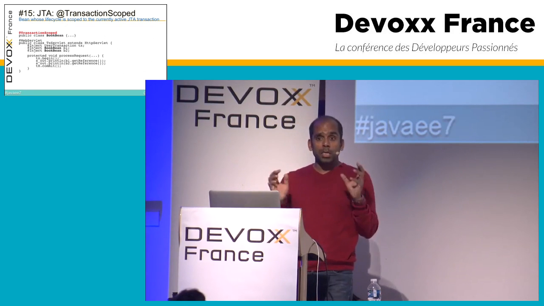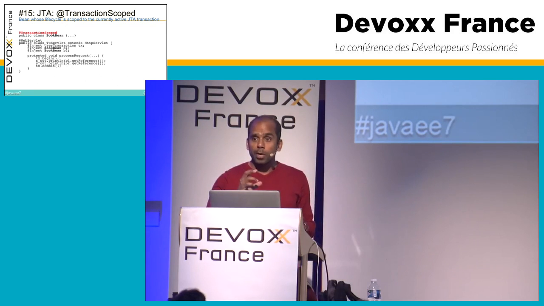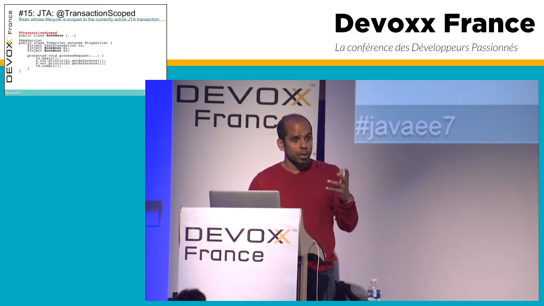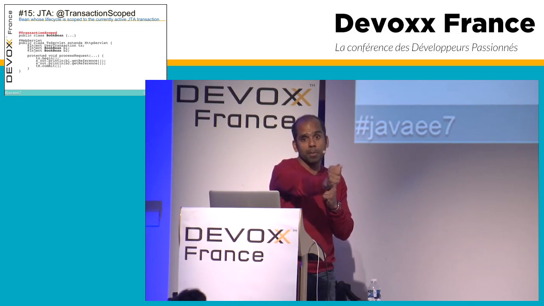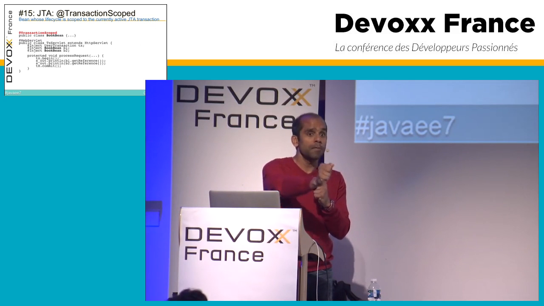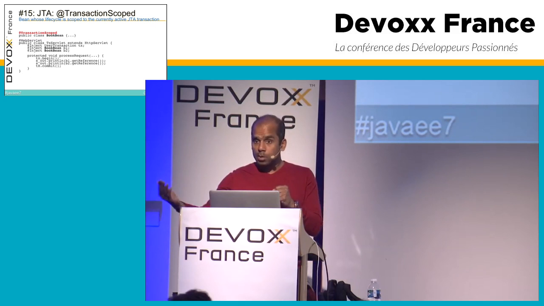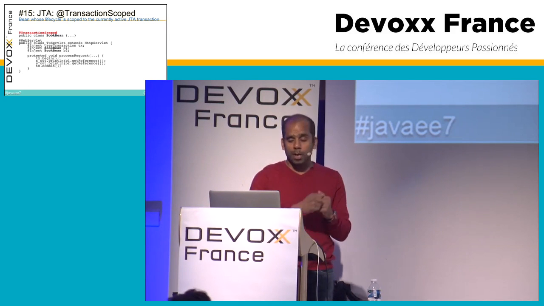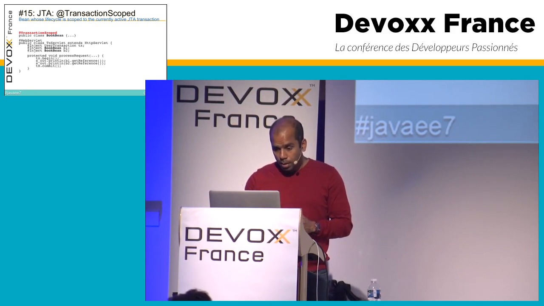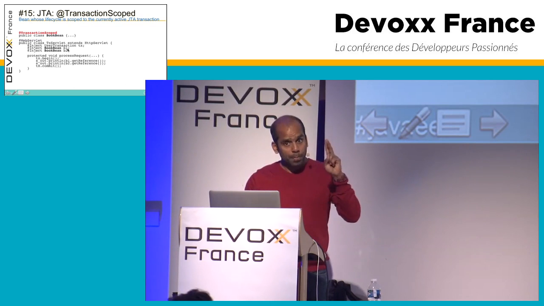Now the way CDI works, because I'm injecting the bean over here, it has a proxy. And then the proxy is backed by an instance at runtime. It figures out what is the scope of the bean, and if the bean exists in that scope, it automatically backs the proxy with it. So in this case, when I try to inject the bean, there are 2 separate proxies, but it says, oh, you are in a transaction.